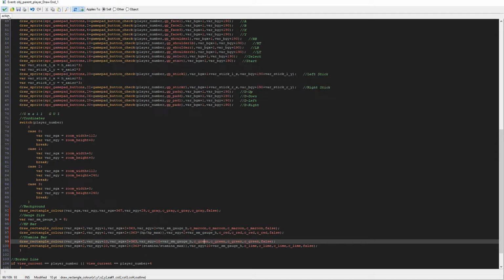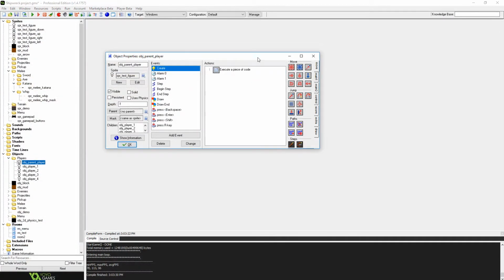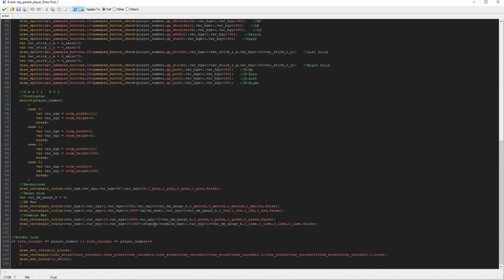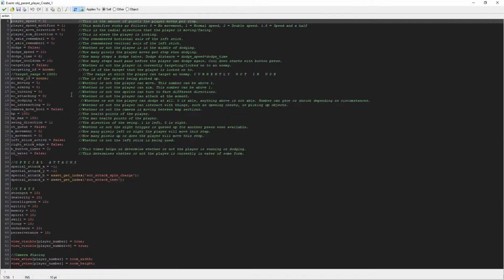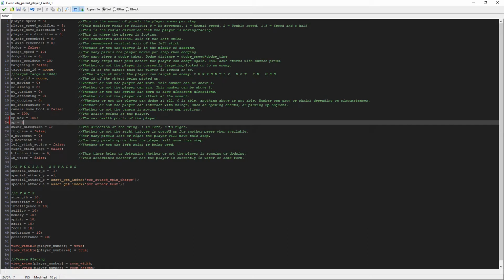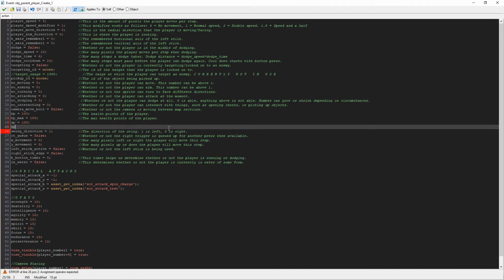Okay, so actually, rather than doing stamina, I'm going to do SP. Stamina points. Okay, so we're going to say SP equals 100, SP max equals 100.